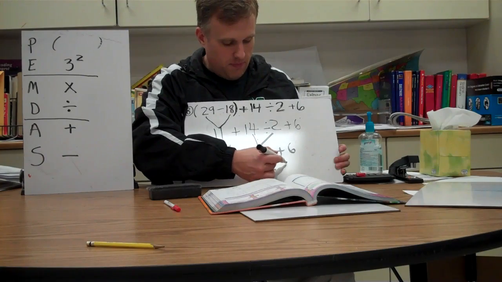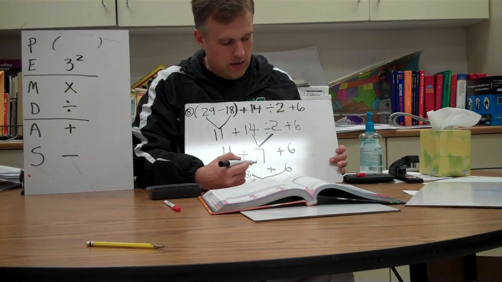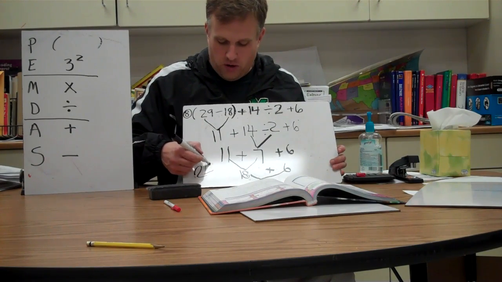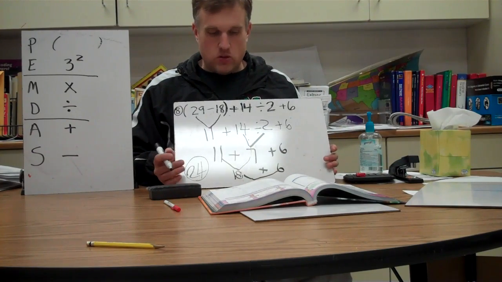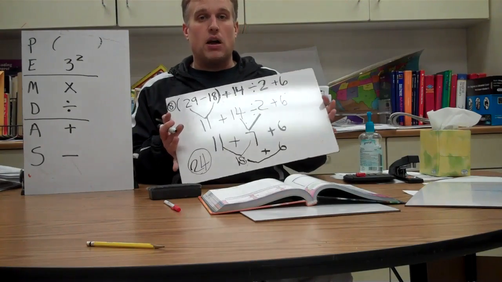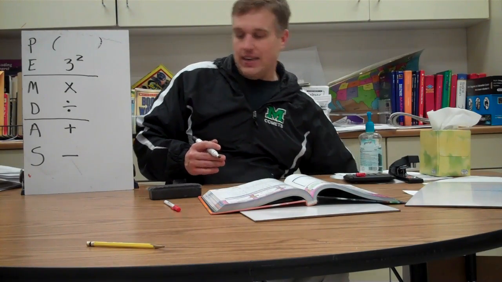Rewrite the problem. And 18 plus 6 is 24. Okay? So that's the answer to number 8. Again, it's just following the steps and rewriting the problem after each step. All right, let's look at number 9.